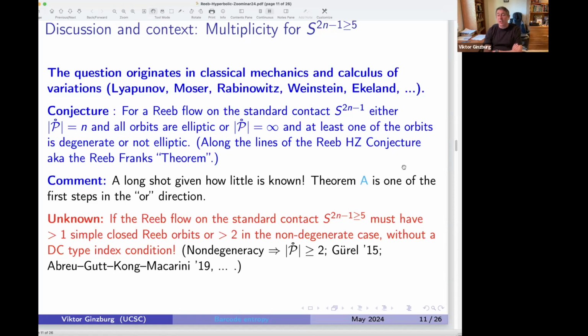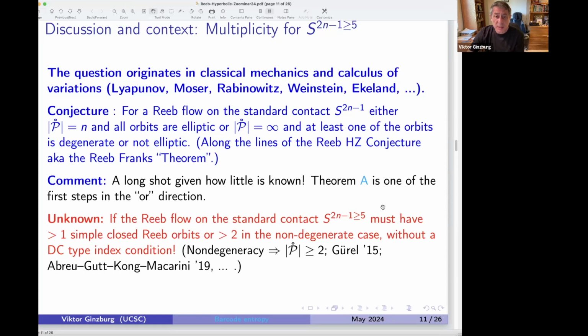For all I know, this conjecture might be totally wrong. It's mainly based on our lack of knowledge rather than knowledge. I don't think people have seriously tried constructing counterexamples here. I've tried a little bit, so it's hard to say. At this point, if you want to prove something, you need to make an index condition. These are relatively weak conditions at the moment. People have pushed it very much to the limit, but they're still there. Other questions?